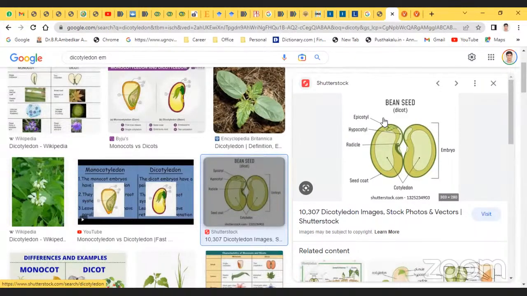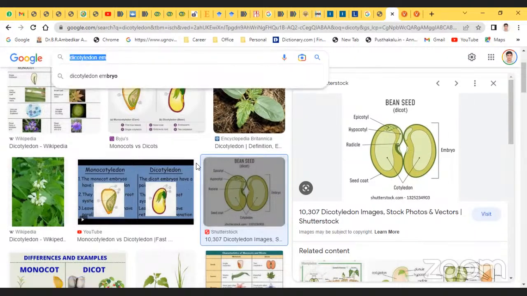The part of the embryonal axis below the level of the cotyledons is called hypocotyl, right? And it develops into the embryonic root. It is called the radicle. This is the dicotyledon seed.